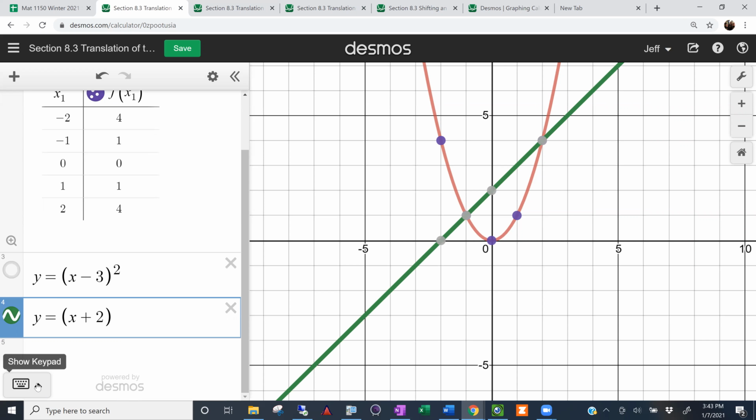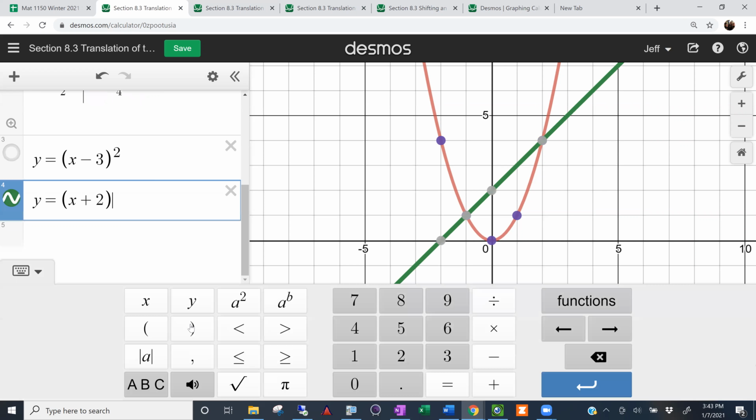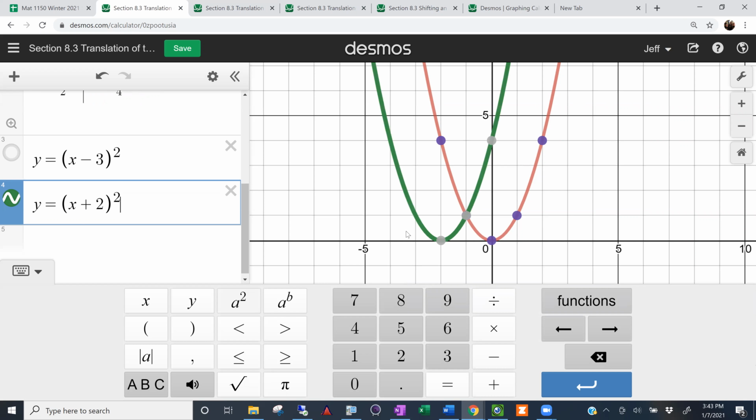Now, I'll demonstrate the keyboard here. If you wanted to get the squared key, something to the second power, just hit that. Should put that up there for you. Oh, there it did for us. So hopefully you predicted that. That shifted to the left by 2.